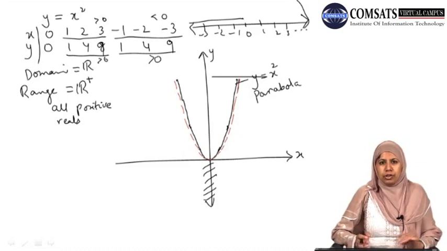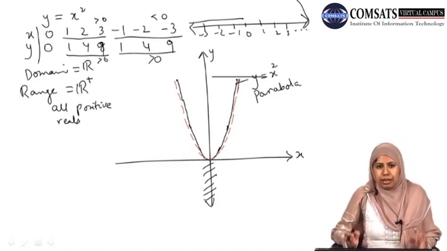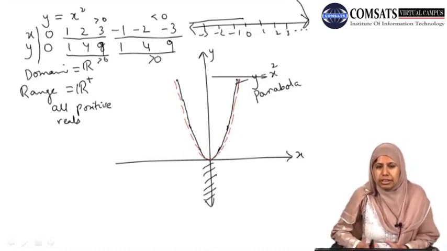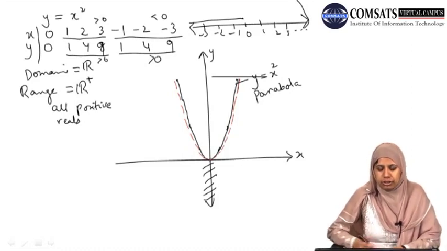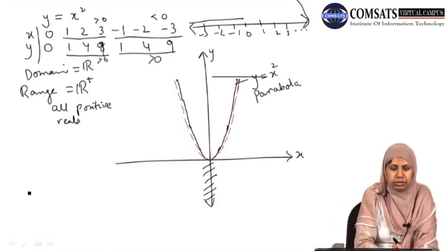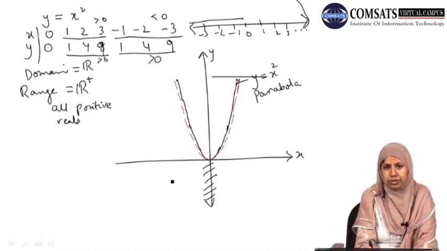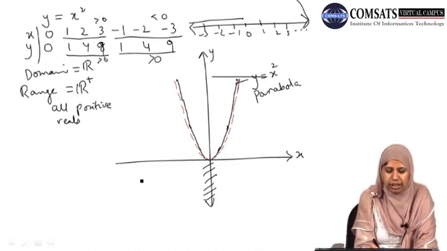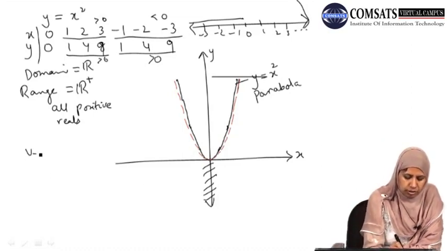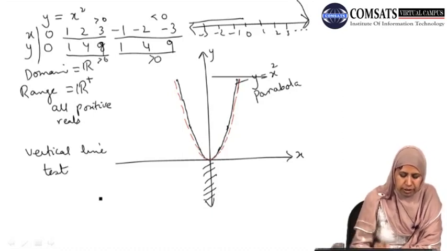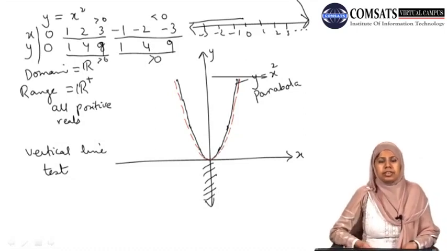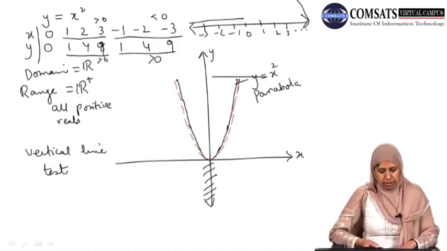If I ask you whether the given graph is a function or not, then how can we tell from the graph of some rule whether the graph of a rule is basically a graph of a function or not? We can use our test, which is known as the vertical line test. And what does the vertical line test say?